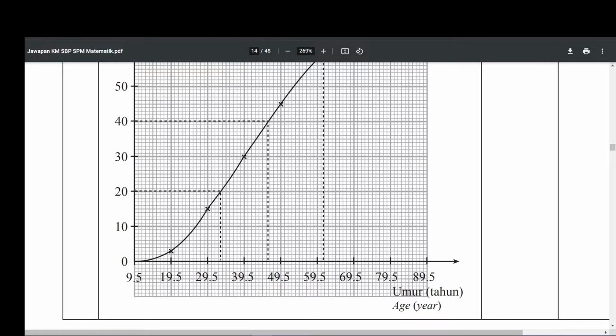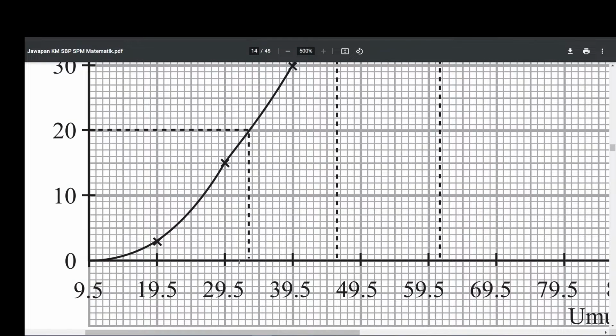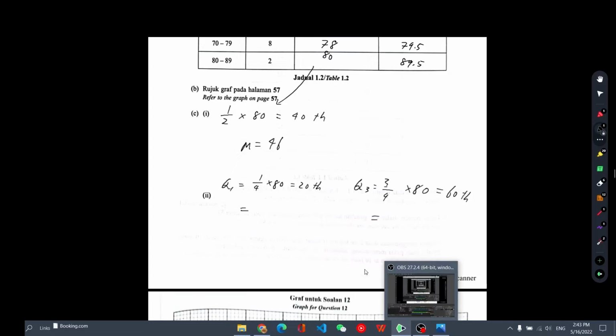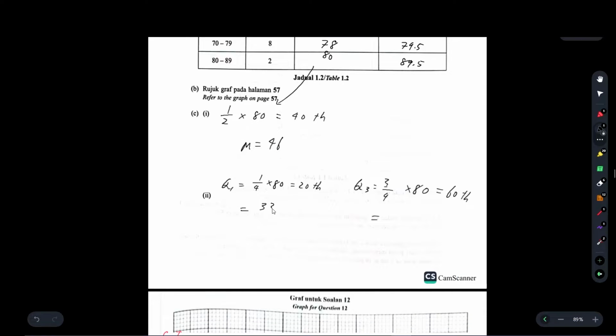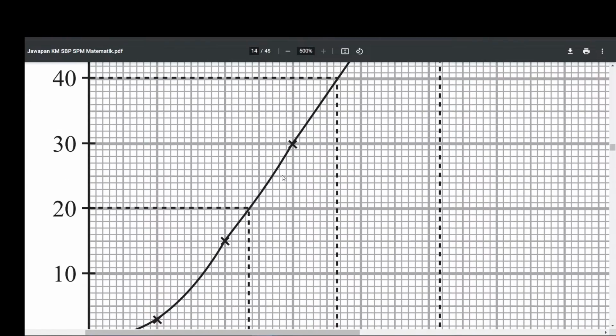So Q1 is 20, right? It goes to the right until it touches the graph and lands between 30.5, 31.5, 32.5, and 33.5. So it's between 32.5 and 33.5, so that's 33. Then we're going to find Q3.